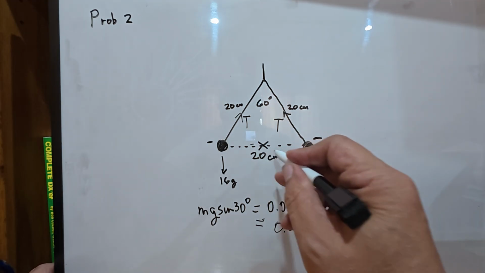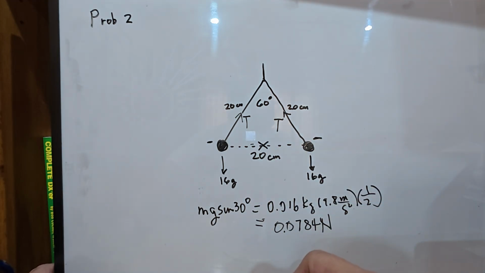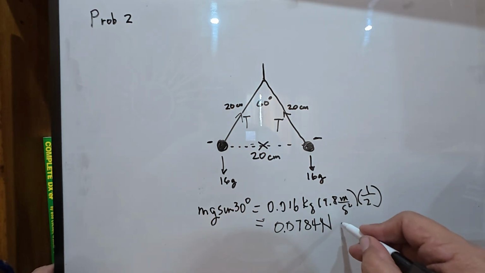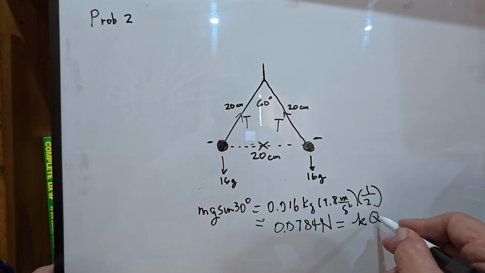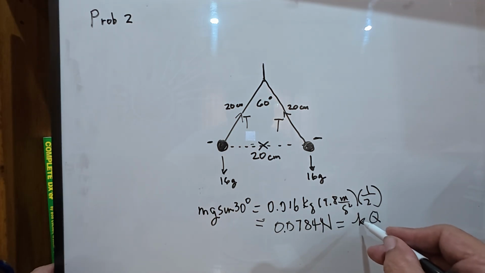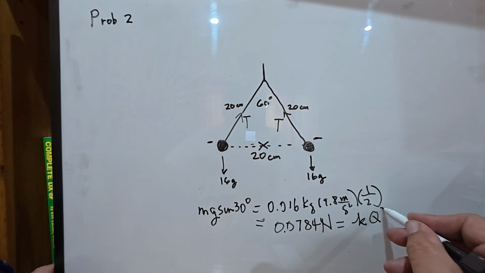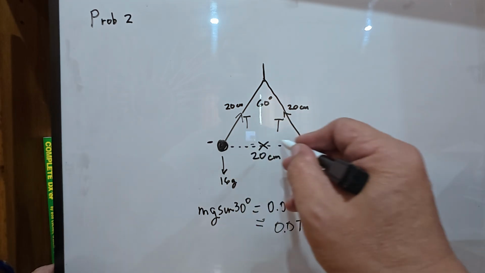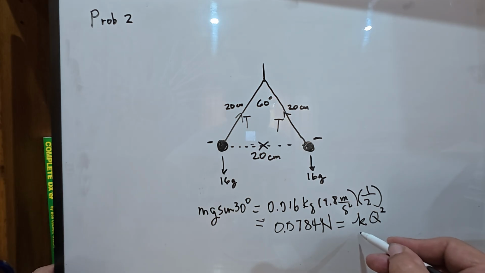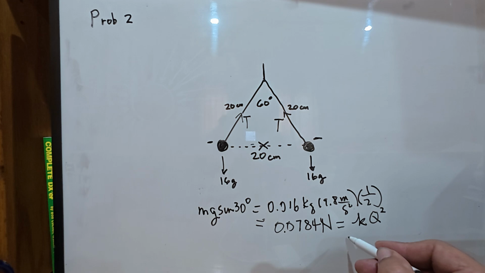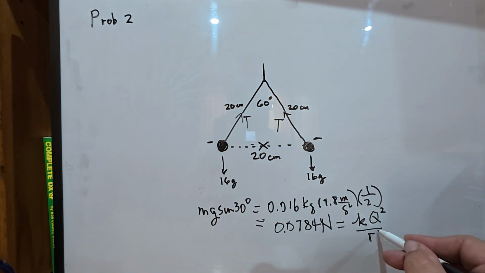And the separation distance is, now we know, 20 centimeters. And so this force now is equal to K Q squared, because there's two charges that are going to be equal, divided by r squared.